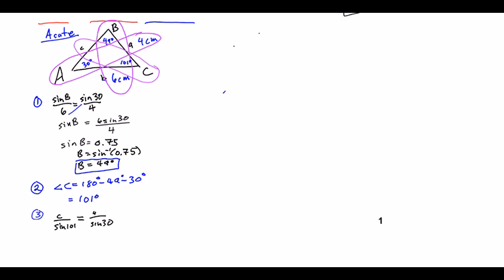Do your simplification and you end up with C equaling 7.9. Your triangle. So you'll notice every time I do this, I always fill in my triangle.